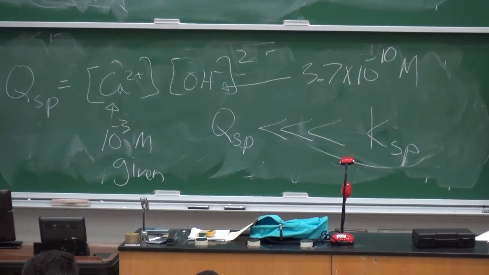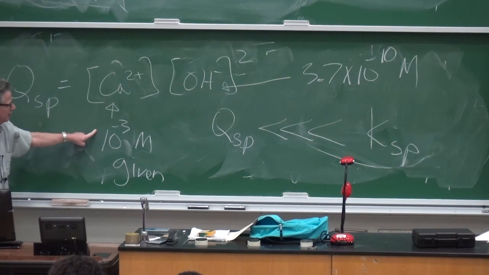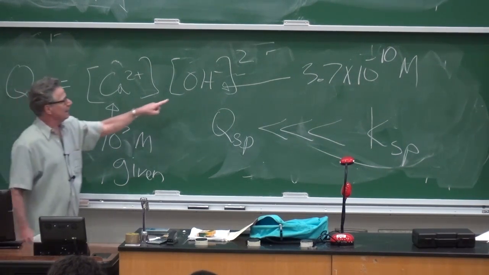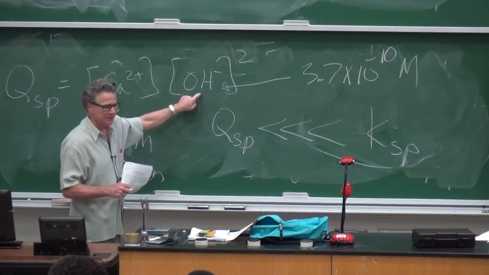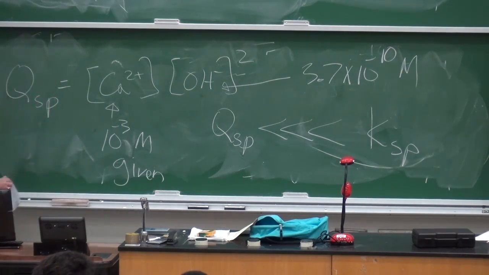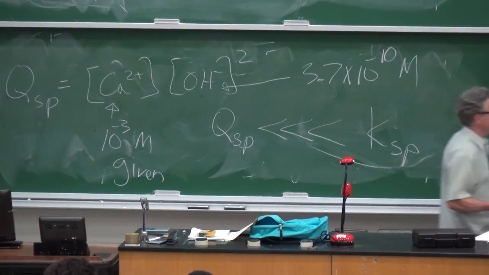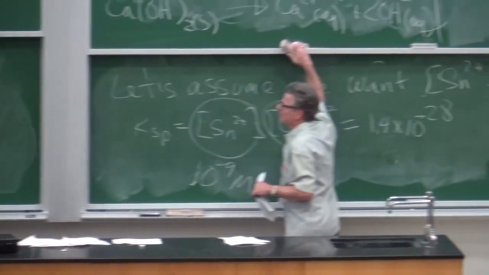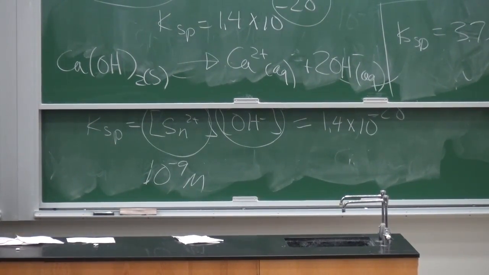I figured that out by writing the QSP expression. 10 to the minus 3 is the given concentration of calcium, and that's the concentration of hydroxide. Somebody do the math here for me, will you? What is 10 to the minus 3 times 3.7 times 10 to the minus 10 squared? Come on, you can Google that. But the bottom line is that this QSP is much, much less than KSP.